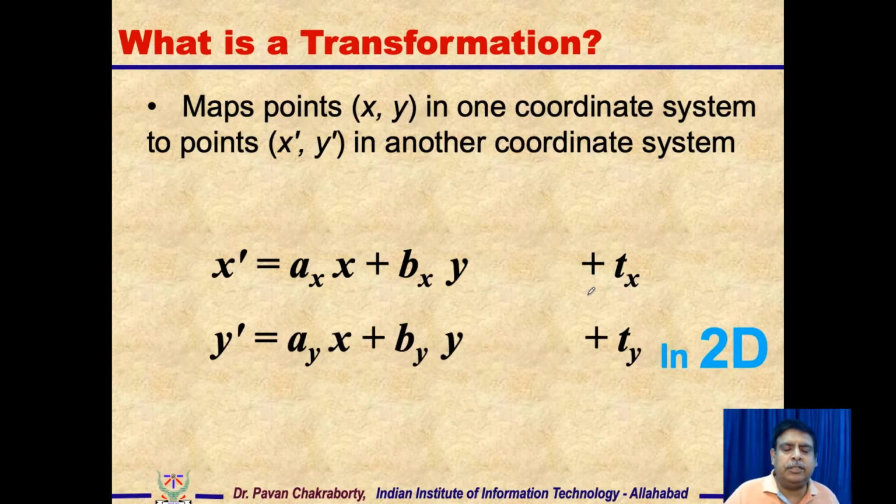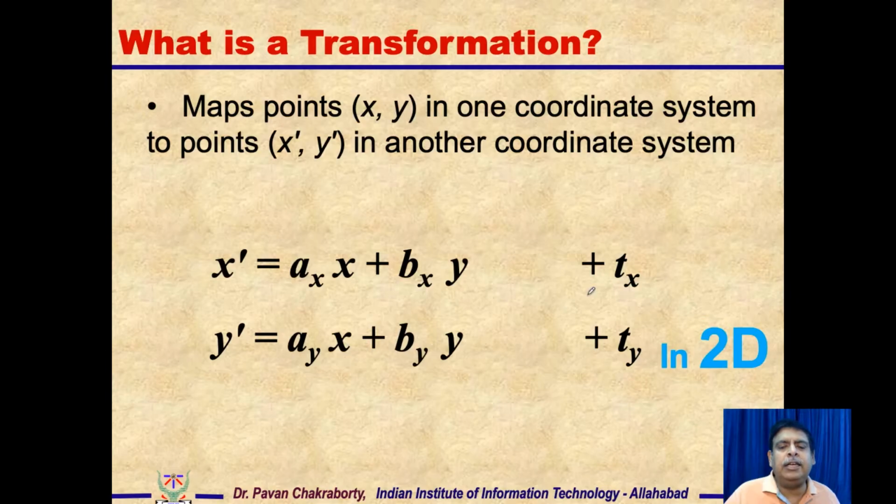What is a transformation? Transformation maps a point x and y in one coordinate system to a point x prime, y prime in another coordinate system. In two dimensions, I will have two equations: x prime can be written as a_x x plus b_x y plus t_x, while y prime will be equal to a_y x plus b_y y plus t_y.